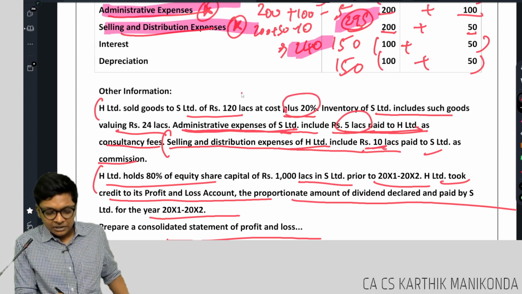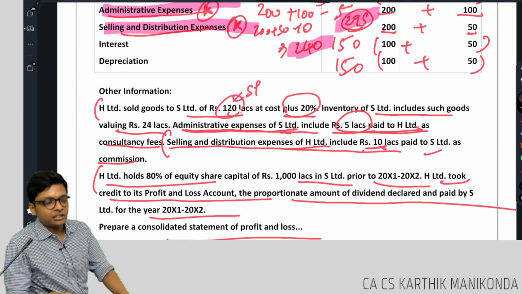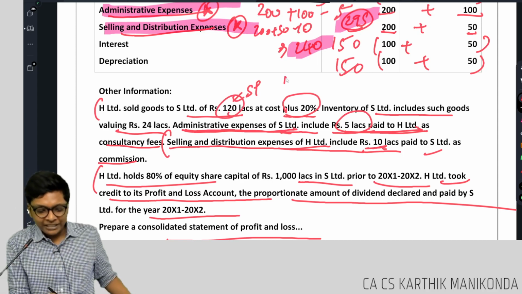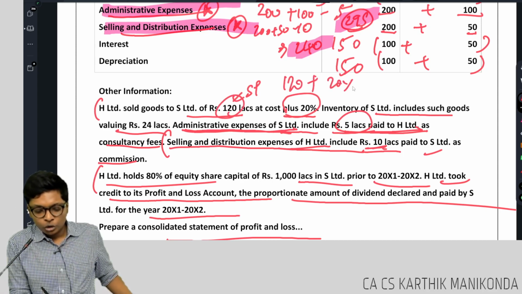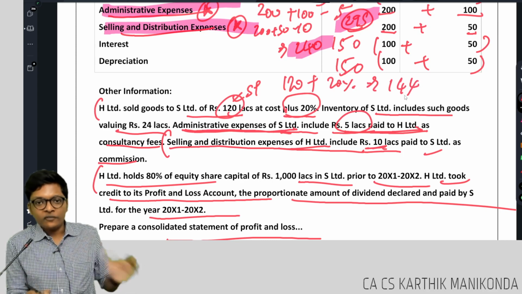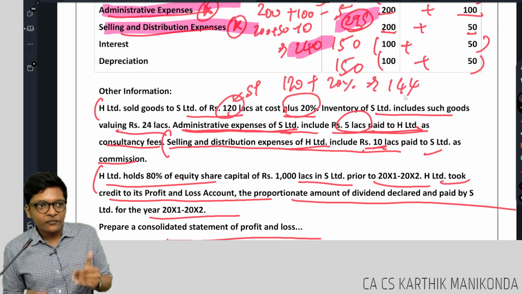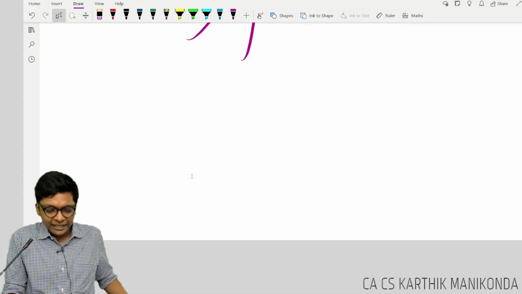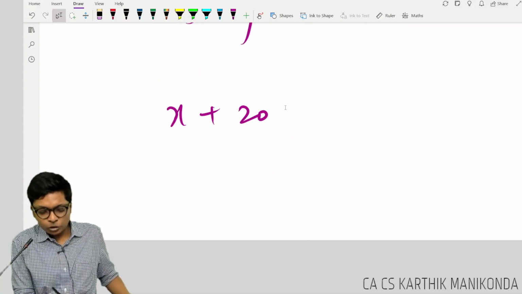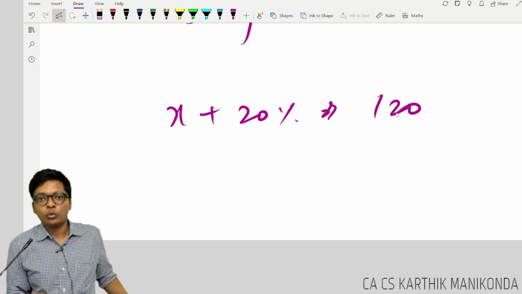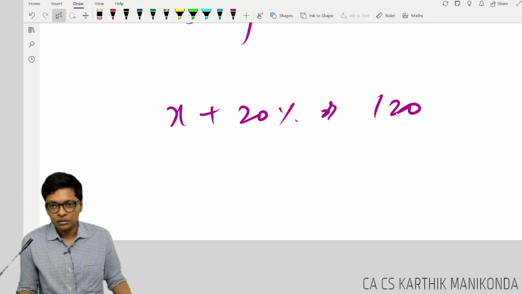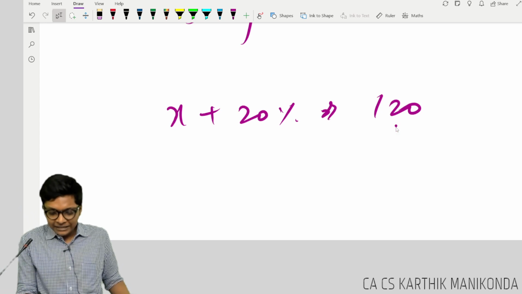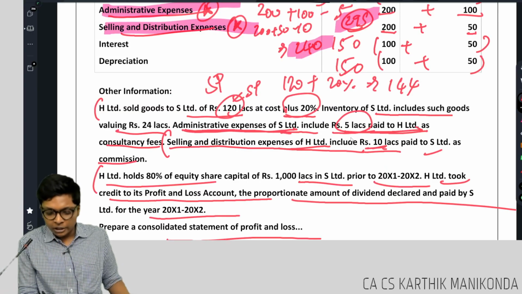That means this is selling price, this is not cost. I took it as cost. So I took it as 120 plus 20% and made it 144. No, this is inclusive of profit. This is selling price. So it is more like X plus 20% is 120. Are you following up? Are you understanding? In this 120, how much is unsold?